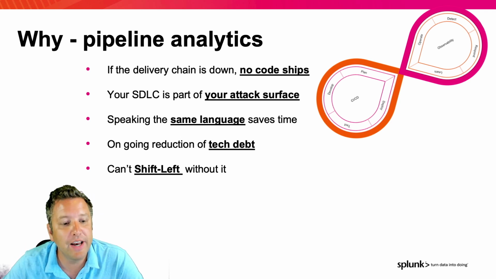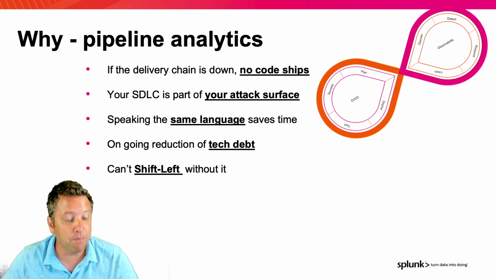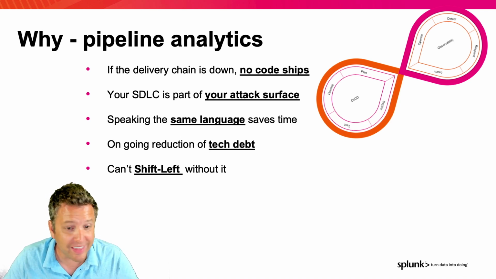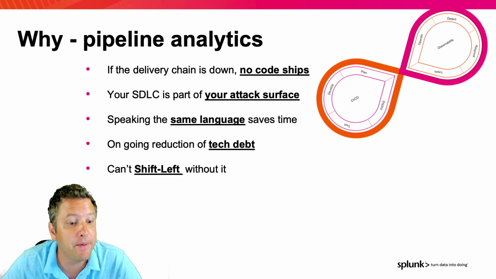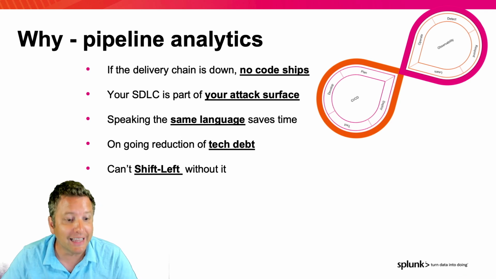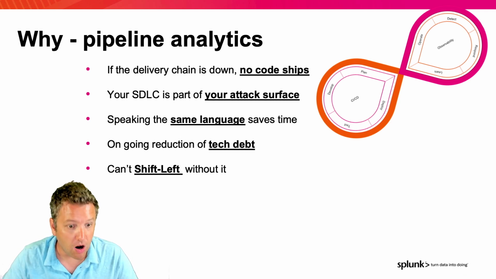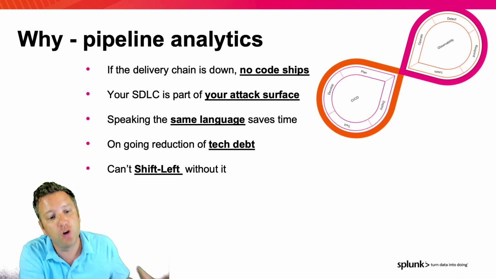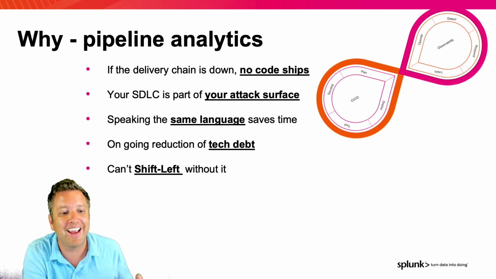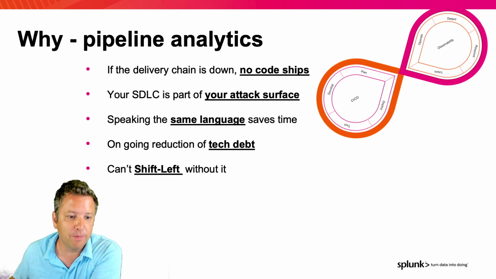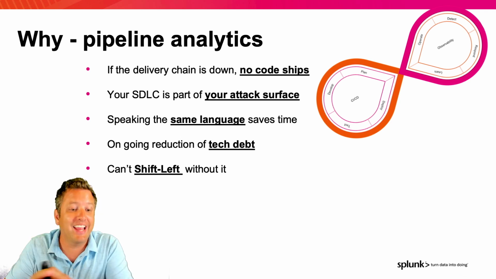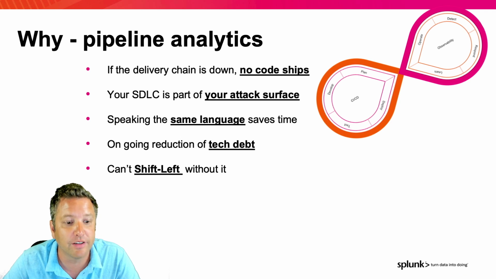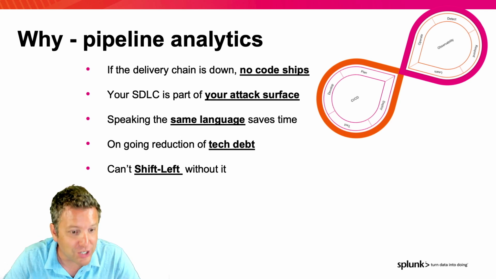So for everybody to speak the same language, we expect there to be a platform where the data collected across that platform may be different, but the lenses you create are consumable by the entire team, so that you don't have developers referencing one thing in one way and security professionals referencing something in a different way. The security professionals can look to see what's happening in the software delivery chain, have zero questions, and don't need to interrupt the processes.